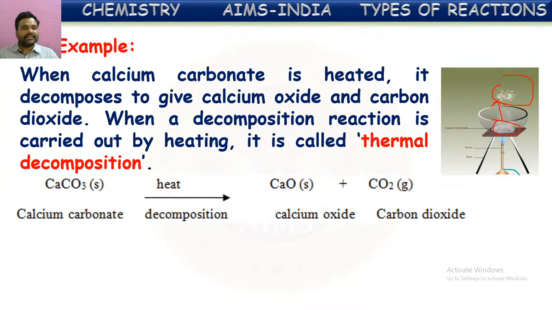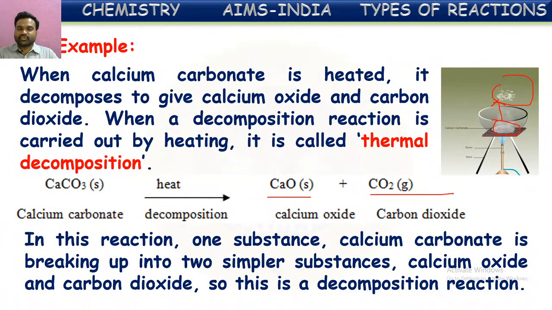So we can say the equation for that: calcium carbonate on heating, or by thermal decomposition, forms calcium oxide and carbon dioxide. In this reaction, one substance, calcium carbonate, is breaking up into two simpler substances, calcium oxide and carbon dioxide. So this is a decomposition reaction. Decomposition means separating into simpler substances, simply to say.